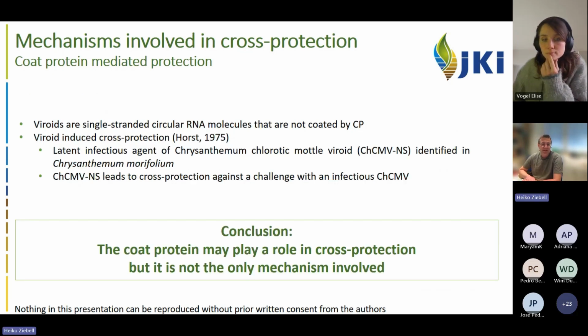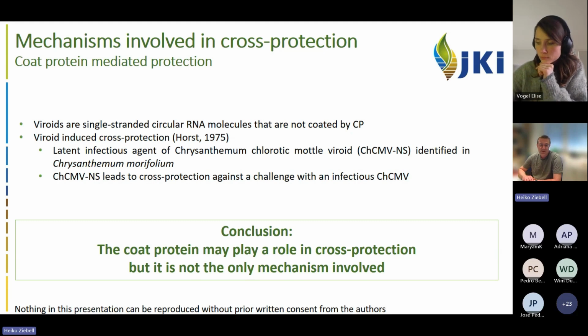However, cross-protection was also seen for molecules which do not possess a coat protein. Viroids are single-stranded circular RNA molecules, and they are not coated by a coat protein, but yet we can observe cross-protection.